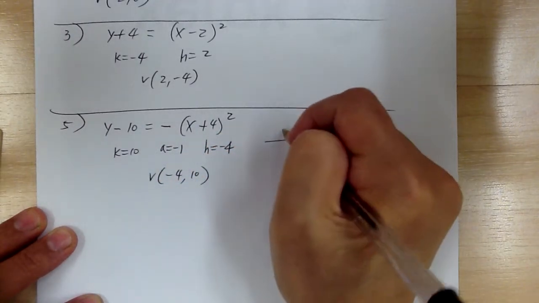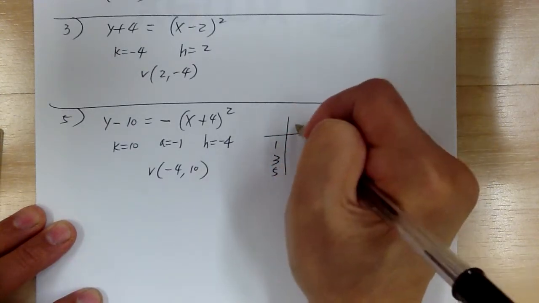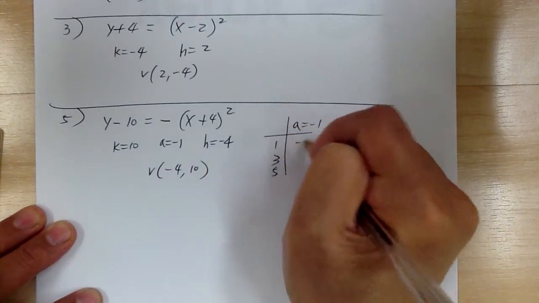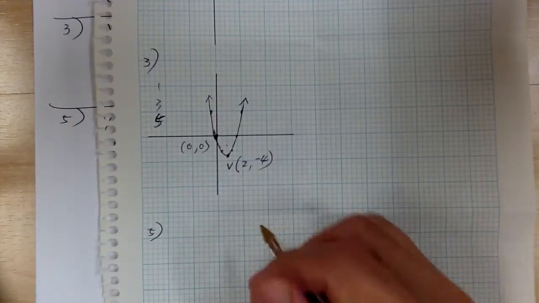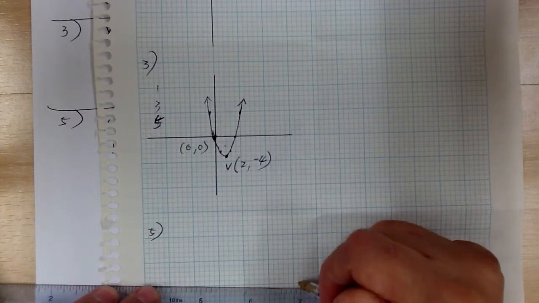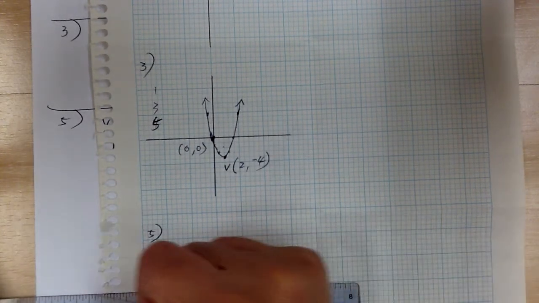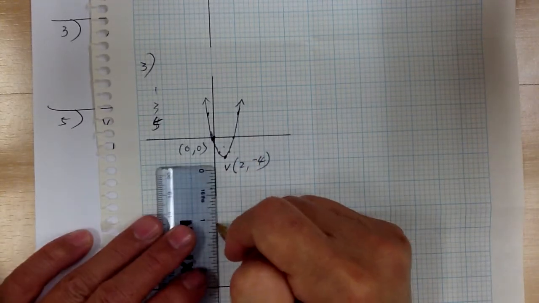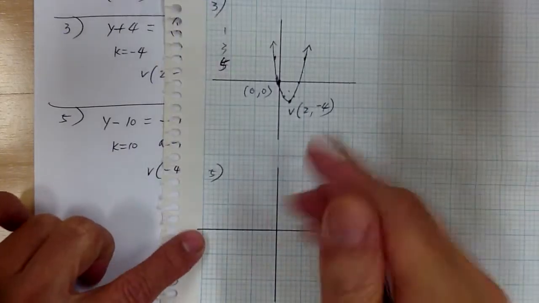And then your 1, 3, 5, the a is negative 1, so it would be negative 1, negative 3, negative 5. Means you have to go down. So the vertex is (negative 4, 10).